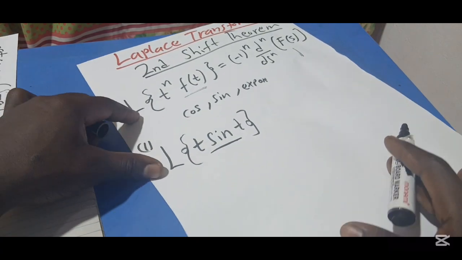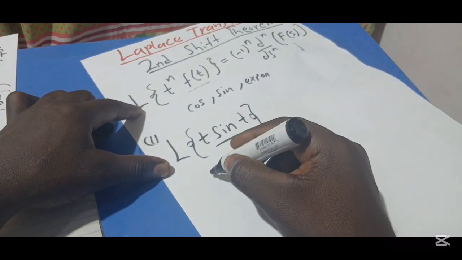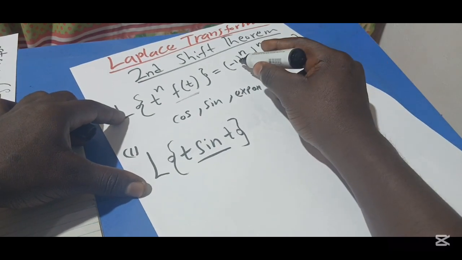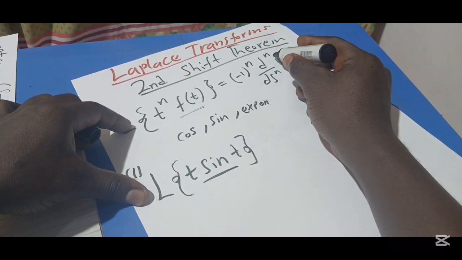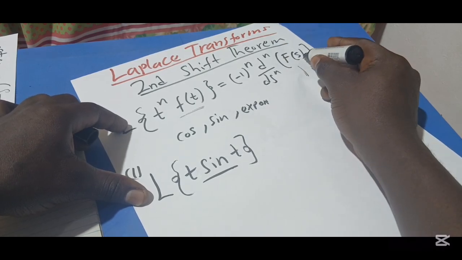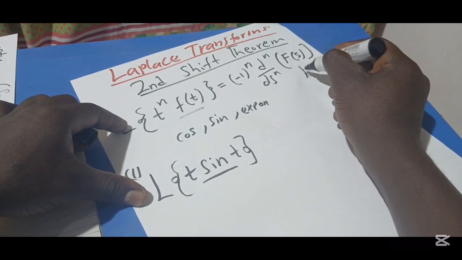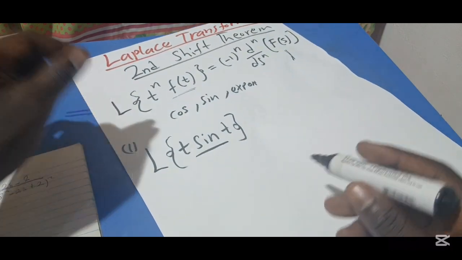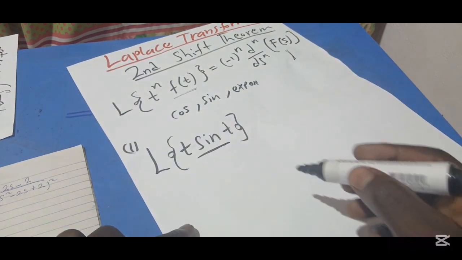The general formula is that the Laplace transform for this should be equal to minus 1 to the power n, d to the power n over ds to the power n, F of s. And F of s is the Laplace transform of f of t. So firstly, we have to look out for our f of t.